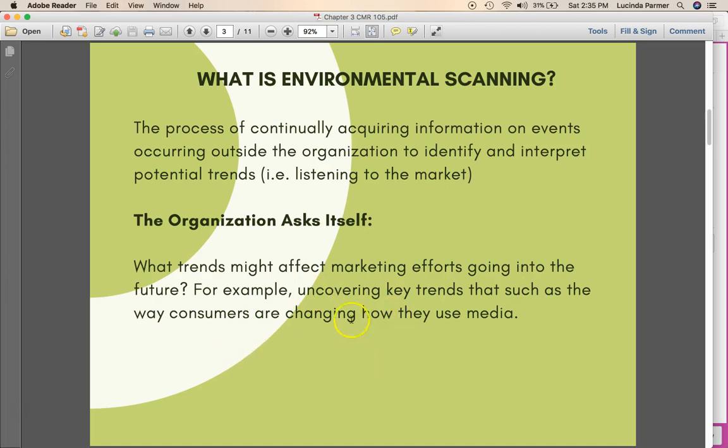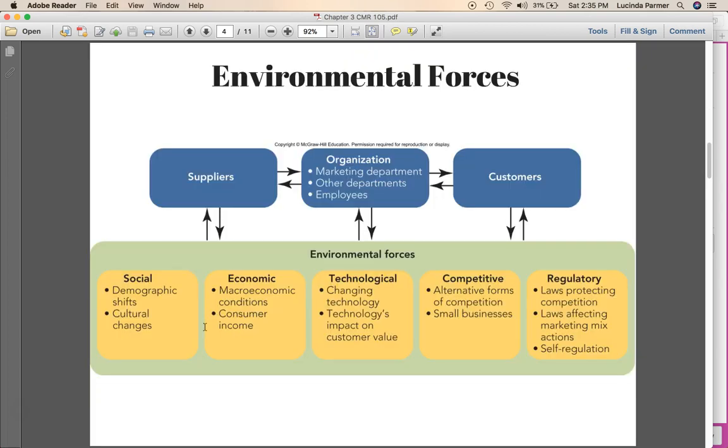So some things are just uncovering trends that even consumers are changing. The consumer taste or preferences, it's important too. I mean, that's going to be important if your consumers all of a sudden are more interested in a competitor's product. Why are they interested in that? So let's look at these environmental forces more in depth.